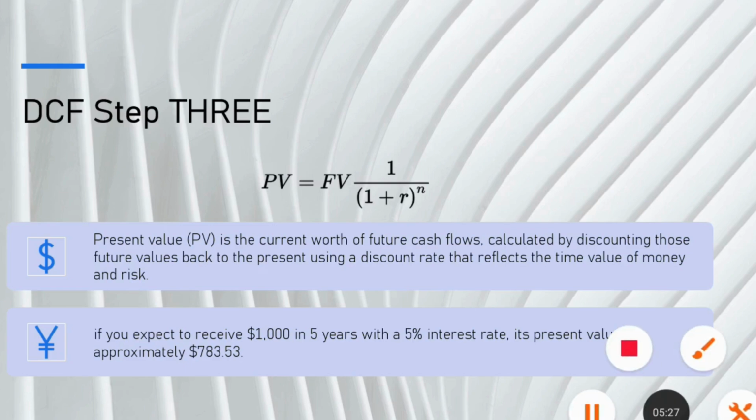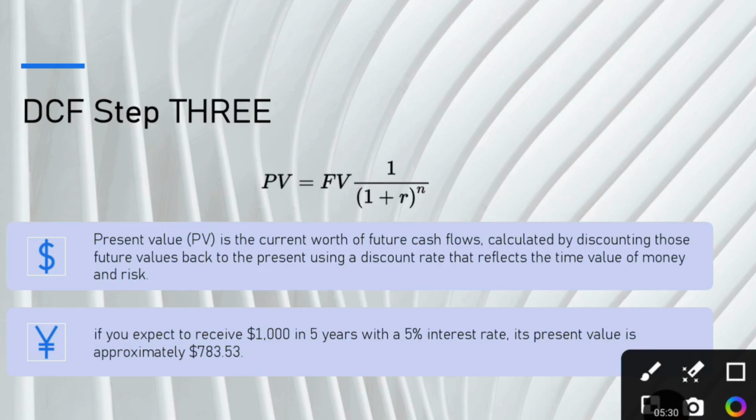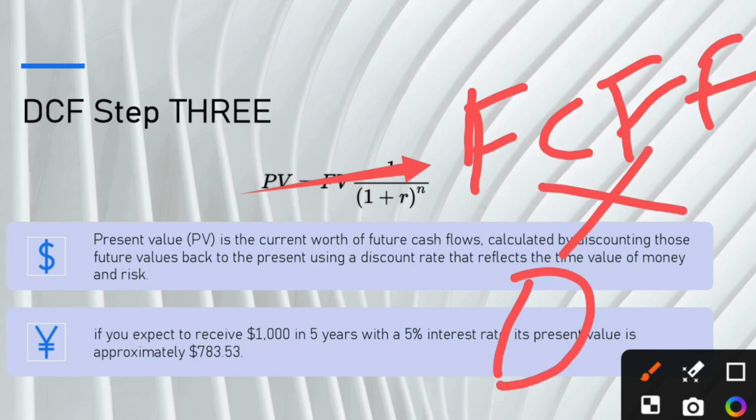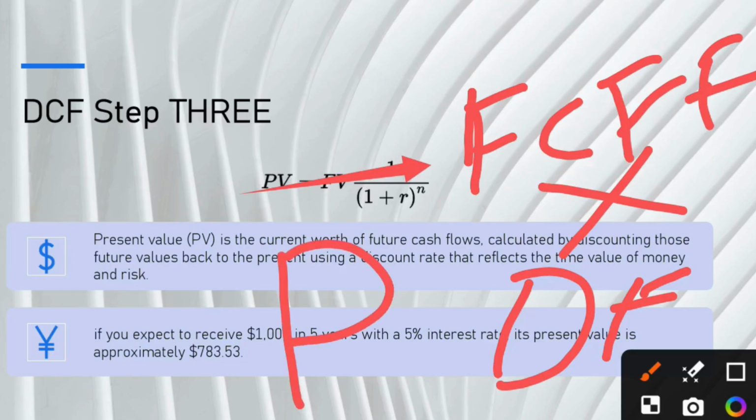In our Excel we used a simple formula to calculate the present value. We took the FCFF and multiplied it with the discount factor to get the present value, which is the easy one.